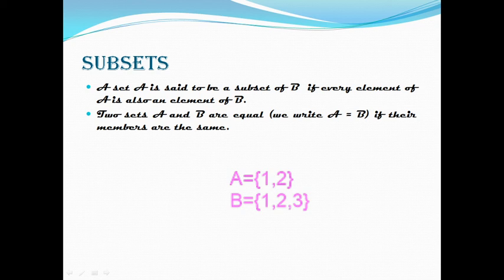If A is a subset of B, B must contain all elements that A contains, nothing more than that. For example, if A contains 5, then A contains one element more than B, so A is not a subset of B.